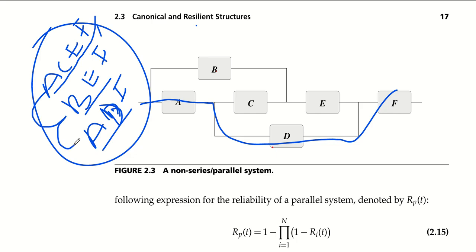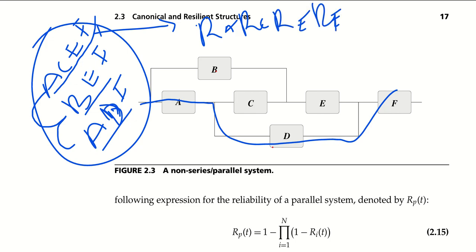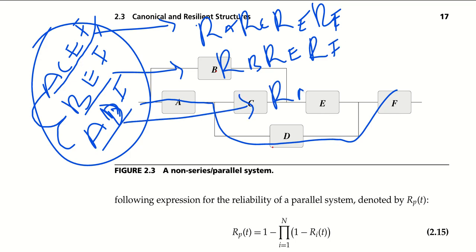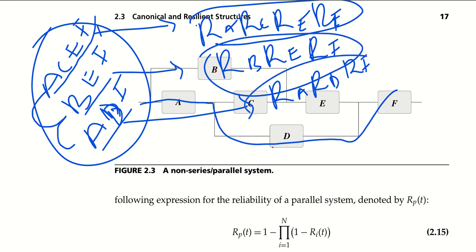So when you write an expression for this one in series, you get R of A, R of C, R of E, R of F. For this one, you get R of B, R of E, R of F. For this one, you get R of A, R of D, R of F, when they are connected in series. Now it says to connect these three expressions in parallel to get the upper bound.